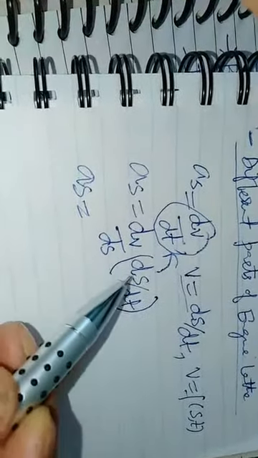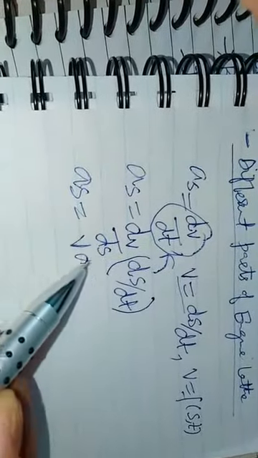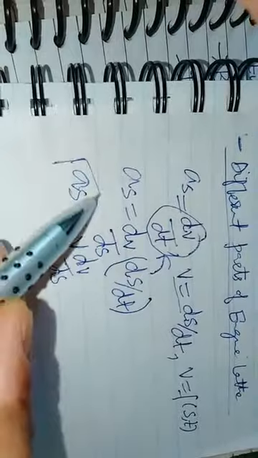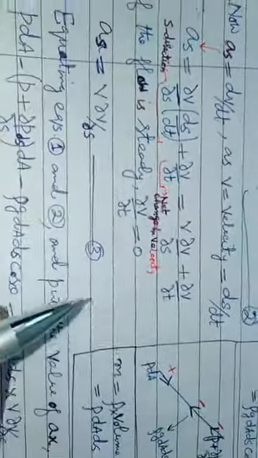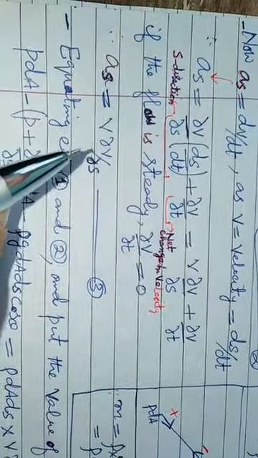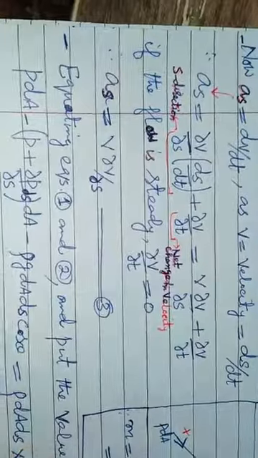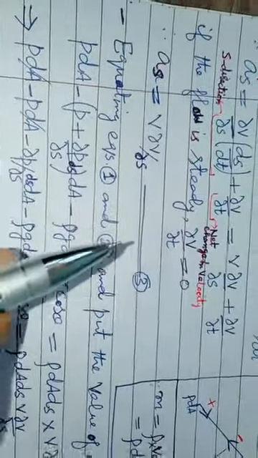So we can write as v into dv by ds. This is the value of the acceleration along the s direction. The same thing I have shown here, that as is equal to v into dv by ds, which you can write as dou v by dou s or dv by ds, in partial or direct differentiation. So this is equation third.